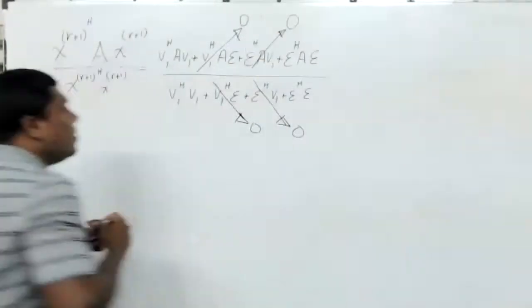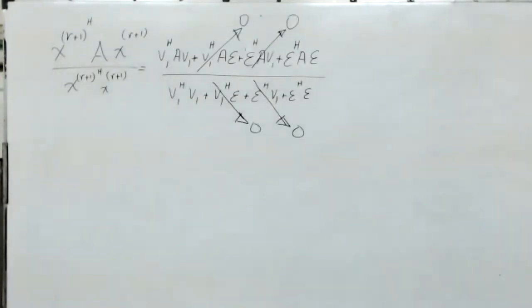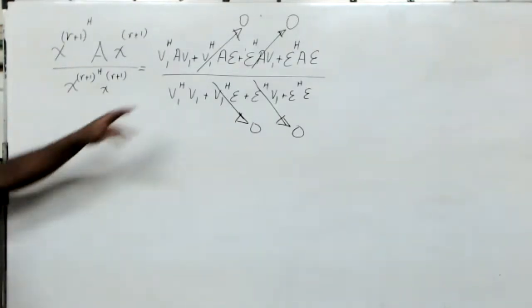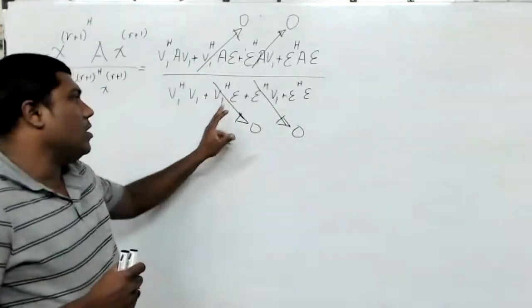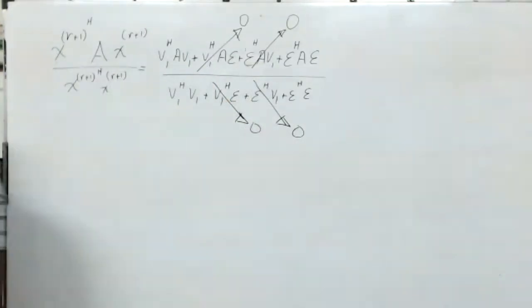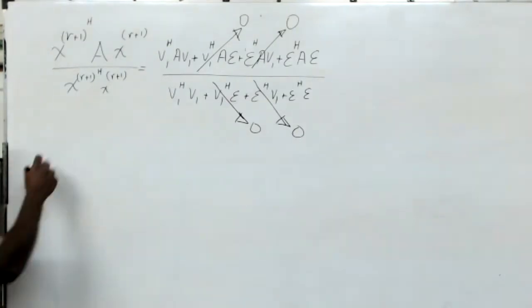Because the eigenvectors are mutually orthogonal, and orthonormal in particular, this one and this one are 0, and this one and this one are 0.